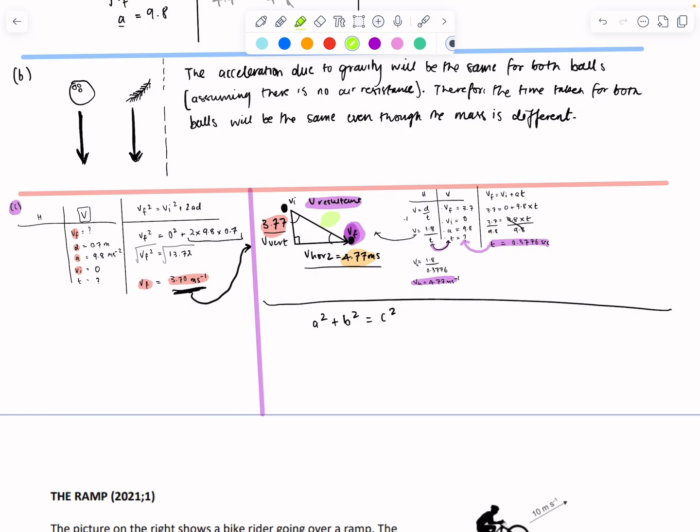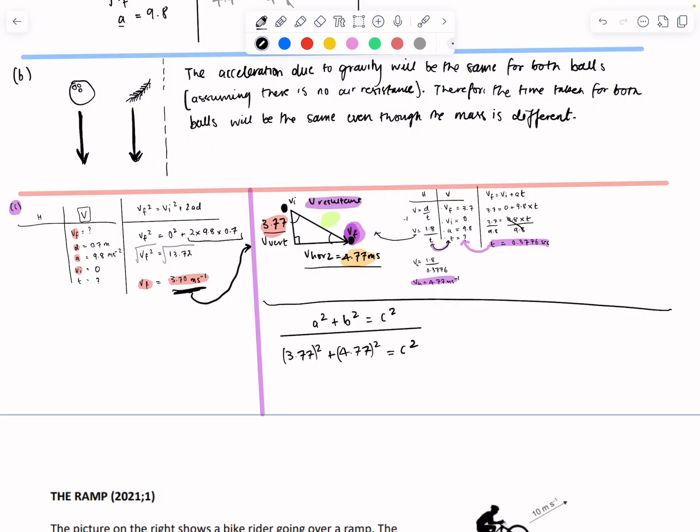Okay, so let's go ahead and do that. A squared is going to be 3.77 squared plus b squared, which is 4.77 squared equals c squared.